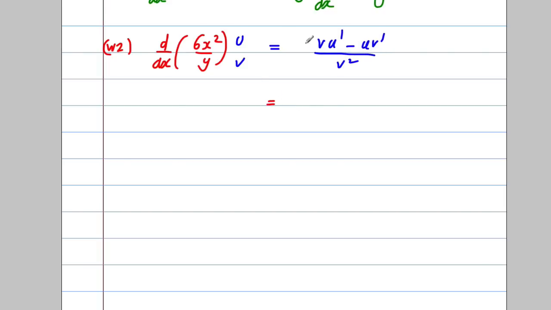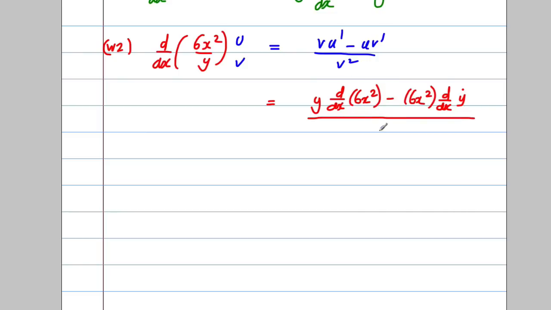I.e. that means v, which is y, and the differential of u, which is d by dx of 6x squared, take away u, which is 6x squared, and the differential d by dx of v, which is y, and all of that divided by v squared, which would be y squared. So tidying that up, this differentiated is clearly 12x, and multiplied by the y we'd get 12xy.